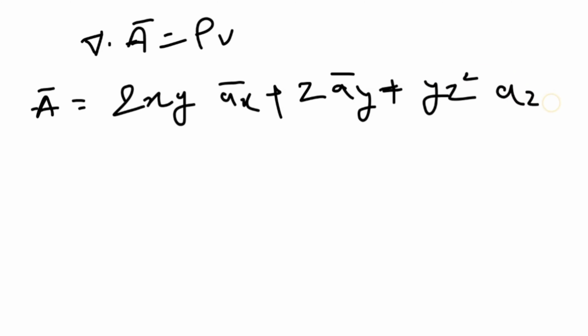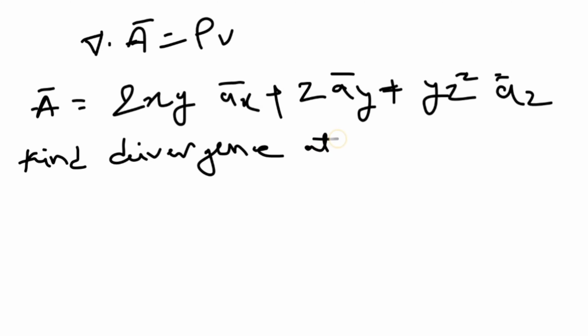This is the vector A, or the electric flux density vector can be represented like this. Find the divergence at point P, a point P (2, minus 1, 3).